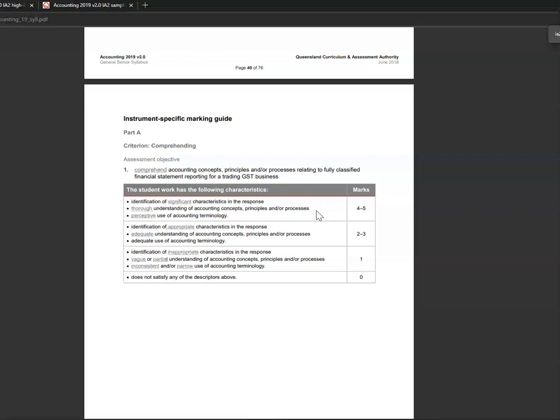So give us an example. And the final criteria is the use of accounting terminology. So if you're using the terminology that relates to the subject, you're going to get a higher mark. If you're using more general language, then it's going to drop into adequate or inconsistent and narrow use of accounting terminology.